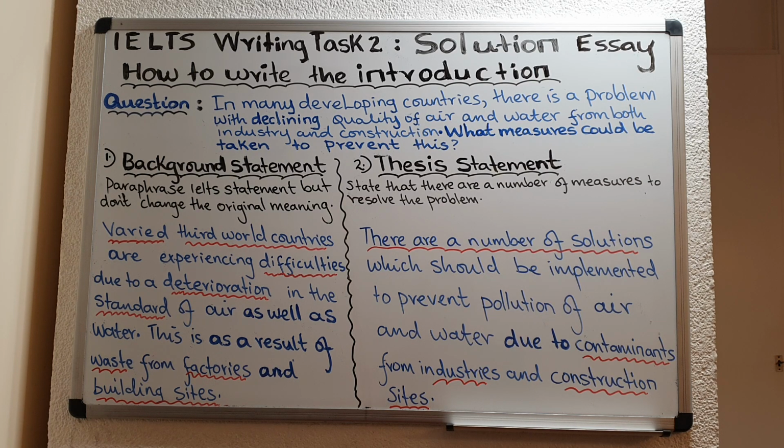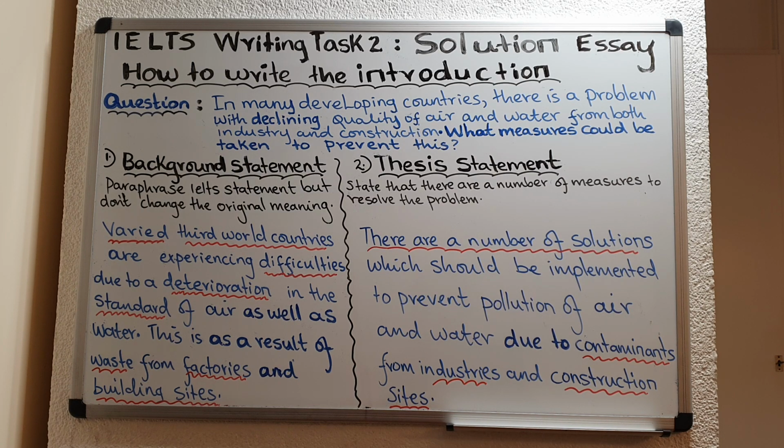Once you have done that, then you identify what the problem actually is in your thesis statement. Now, let's see how you write that. In your thesis statement, you're actually supposed to respond to the question. You're supposed to answer the question.